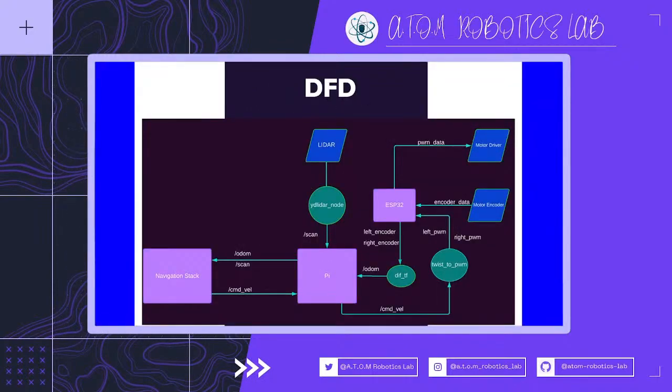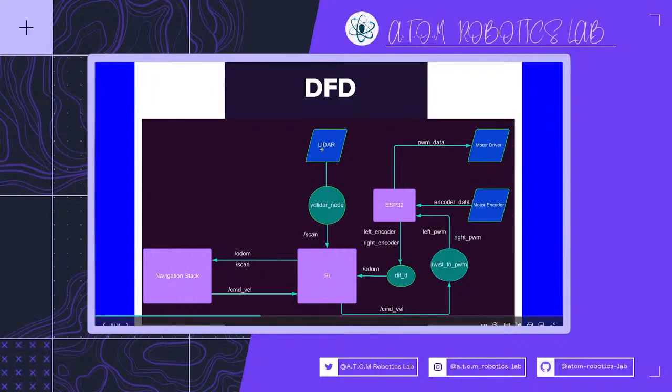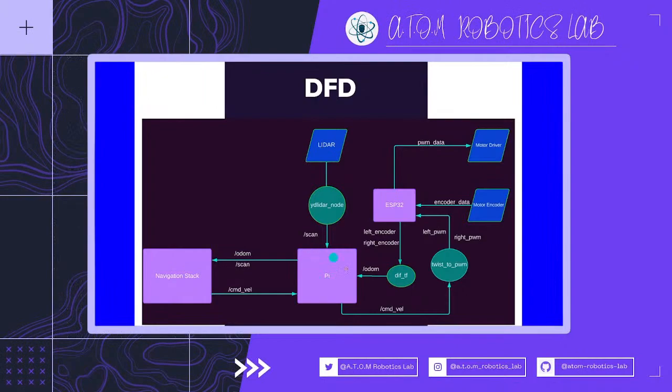After that, we come to the basic structure of our navigation and main AMR part. You can see the main processor, a Raspberry Pi, which communicates with the LiDAR using the LiDAR node, and it is also calculating the motor encoder data so that it can check its odom.